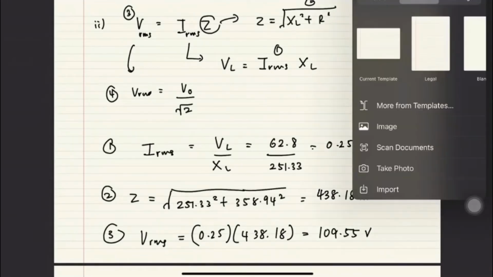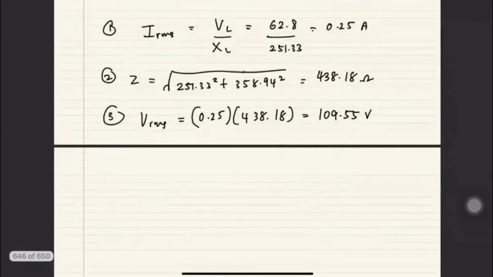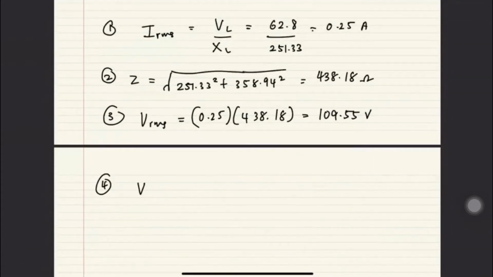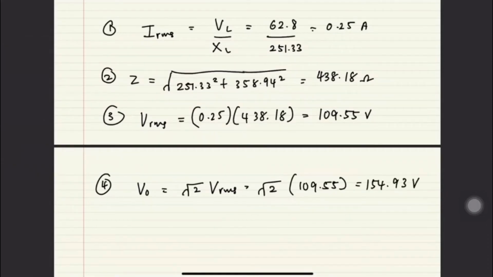This is the VRMS. So I can find VP, which is square root of 2 times VRMS. Okay, that was for the second question.